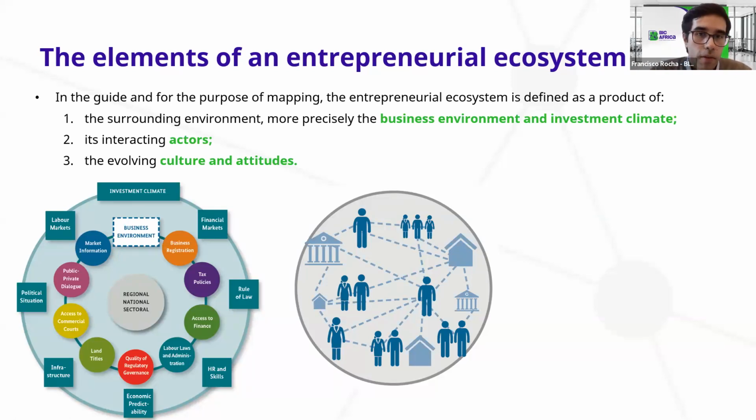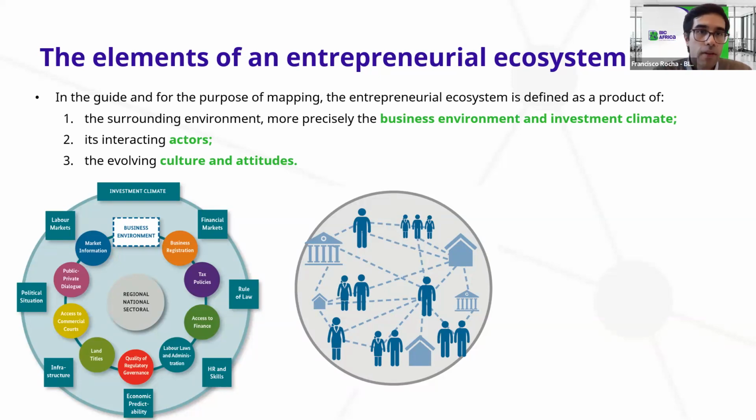And the third type of actors is what the guide names as institutions, but institutions from the sociological point of view. We mean when we talk about values, about family, or about religion. And this, of course, impacts the entrepreneurial ecosystem. So these are the 3 types of actors that are defined under the guide.